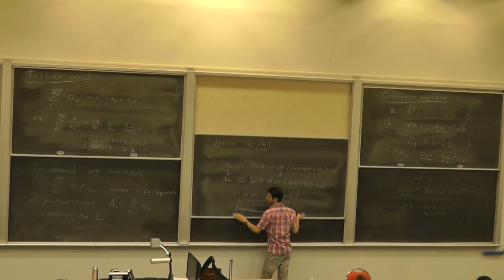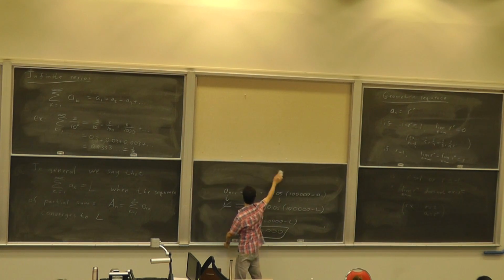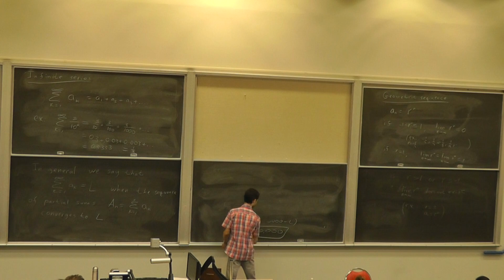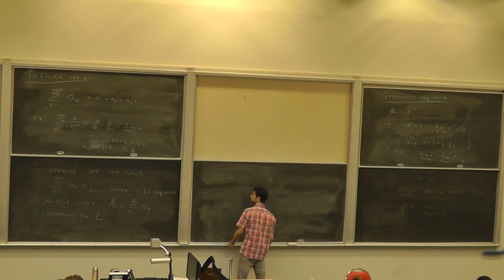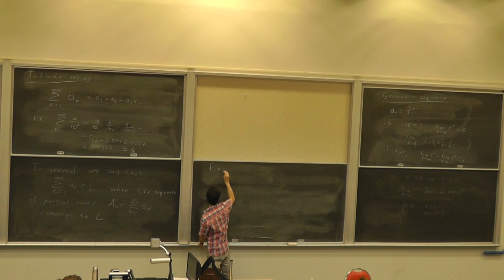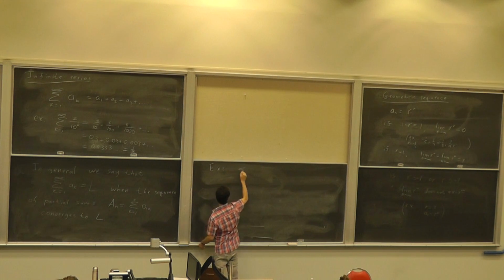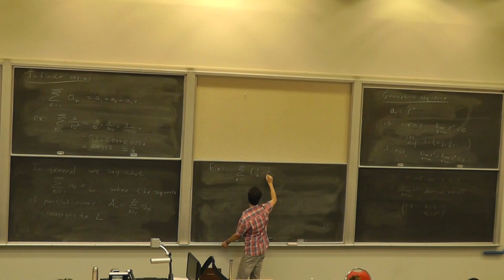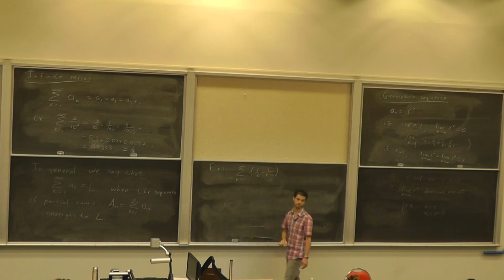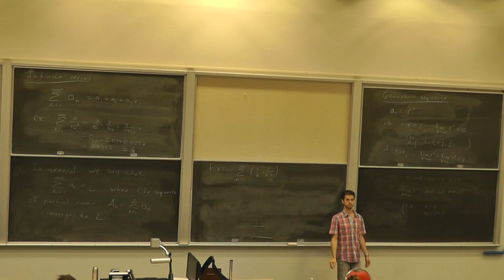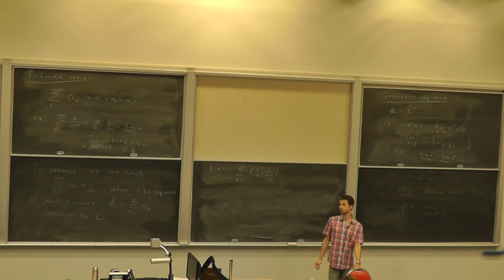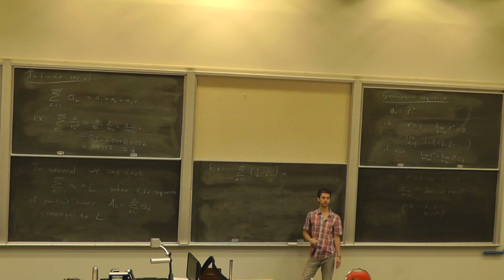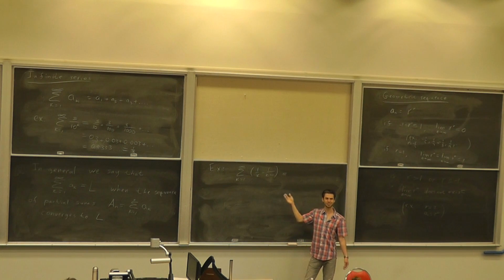Or let's get another example. The sum from 1 to infinity of 1 over k minus 1 over k plus 1. So this sum, well, first of all, we just look at this expression.